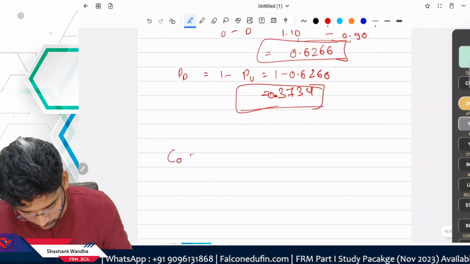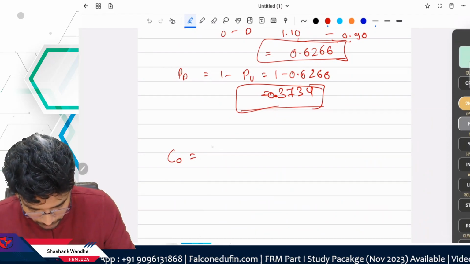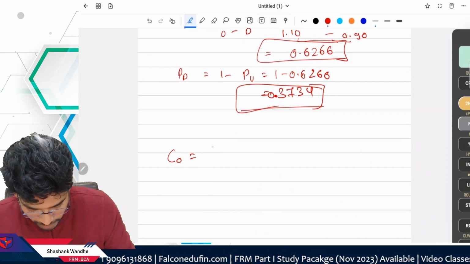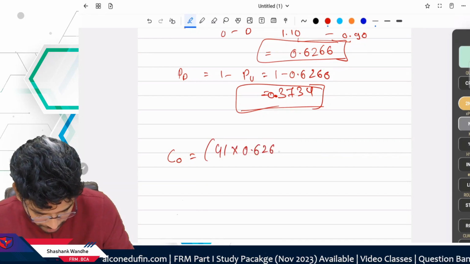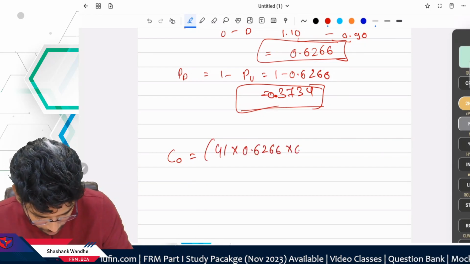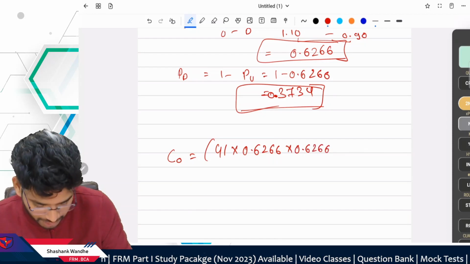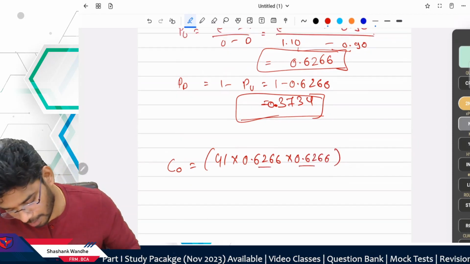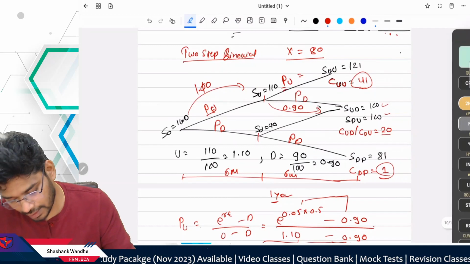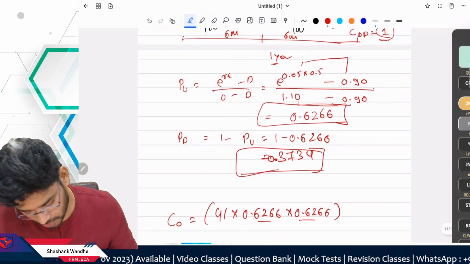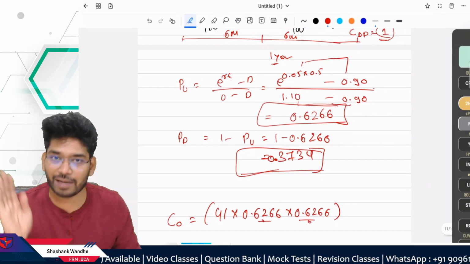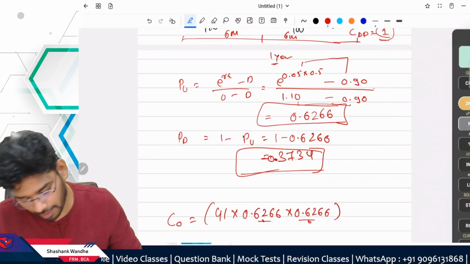So the call option price is equal to first the payoff 41 multiplied by 0.6266 multiplied by 0.6266. This is the joint probability, right? Multiplying probability with probability, we are calculating the joint probability.